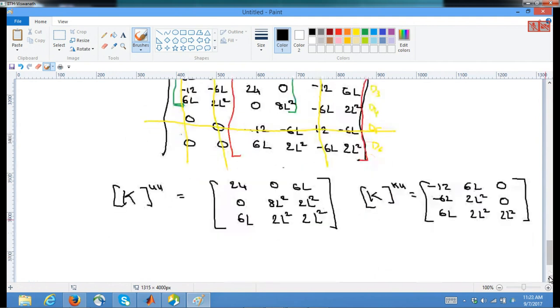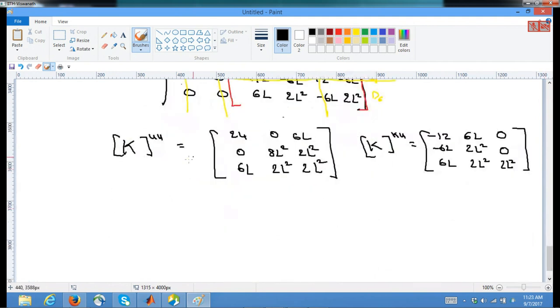Why have I used only this part? Because my D known is a zero vector.